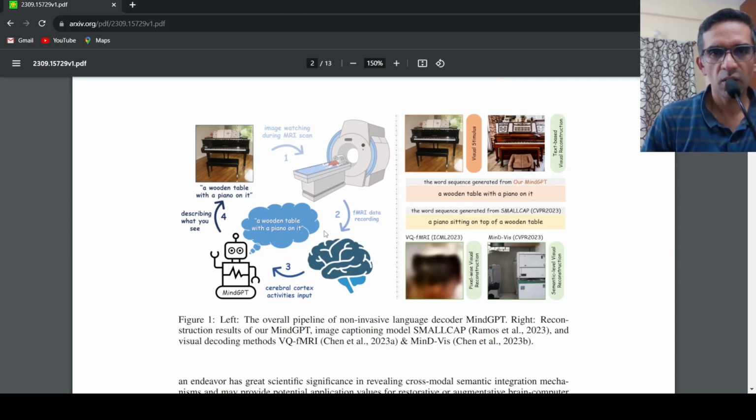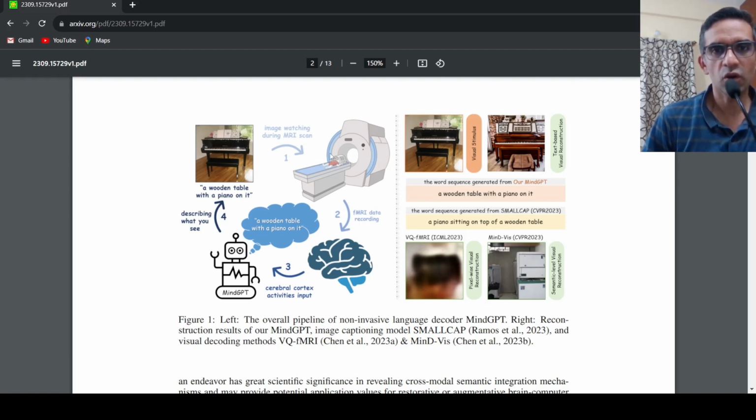In this video, I'm going to talk about an AI model which is quite fascinating. What this model does is that a person views a particular image during an MRI scan, specifically something called an fMRI or functional MRI scan, which actually captures the activities of your brain, right?